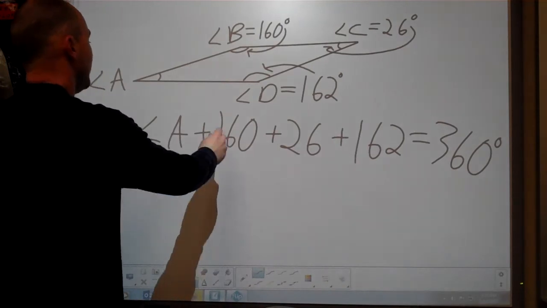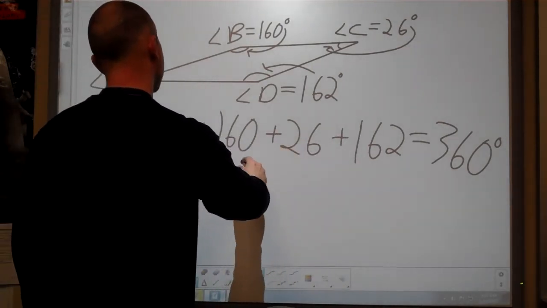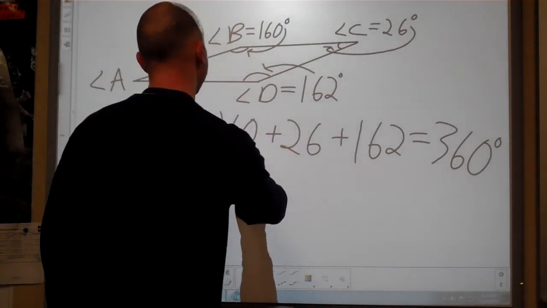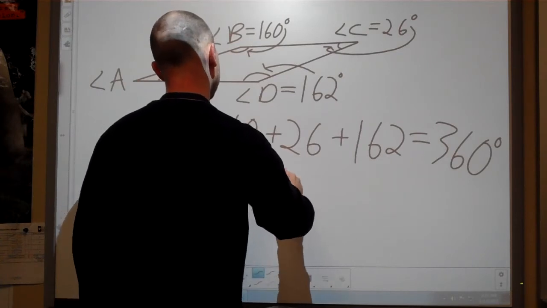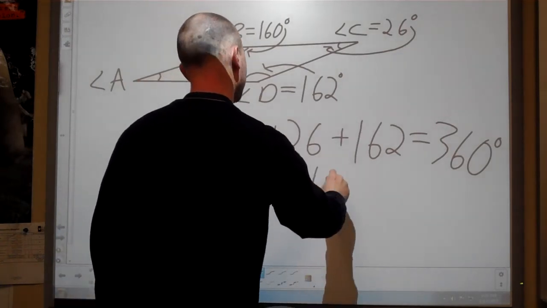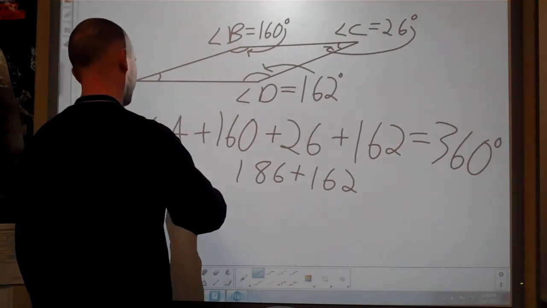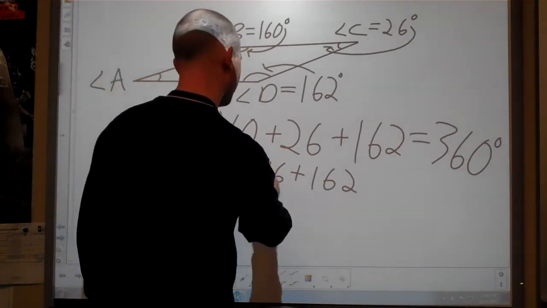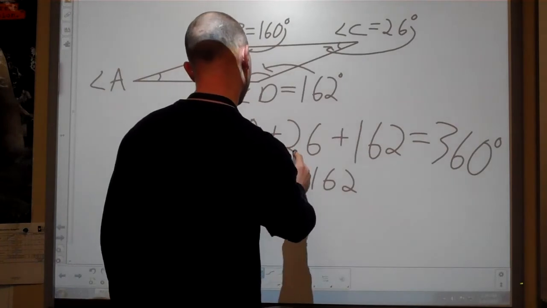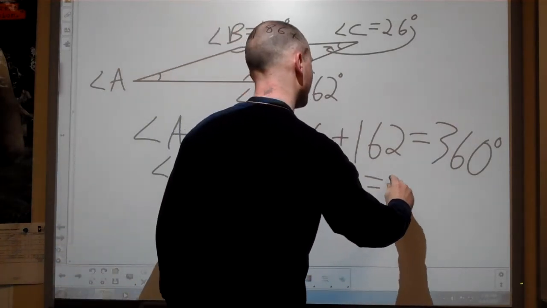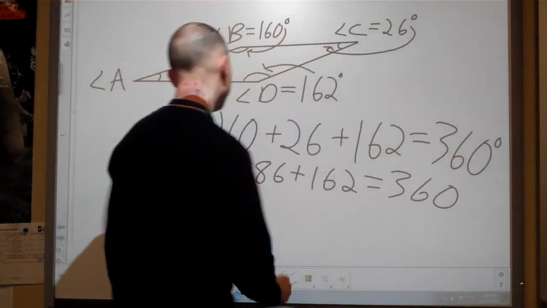So, 160 plus 26 gives me 186 plus 162 plus angle A.